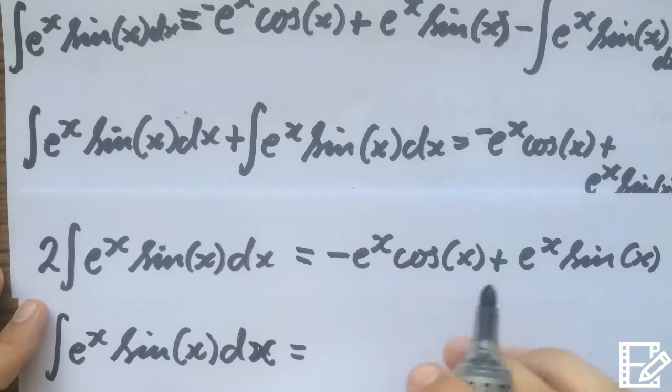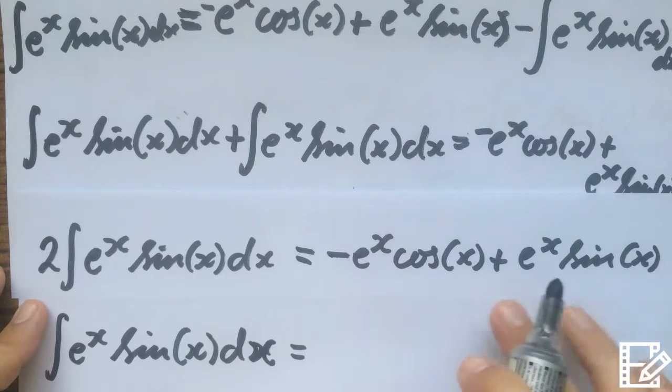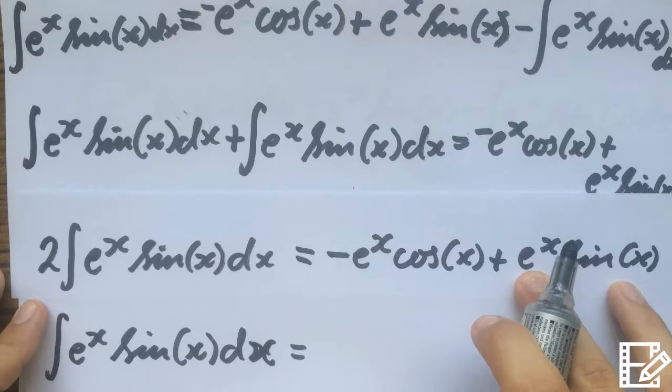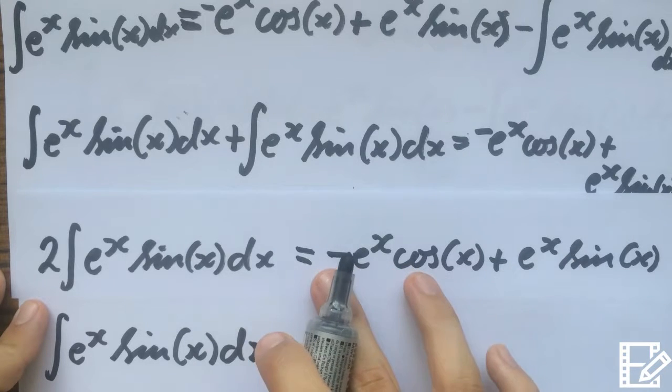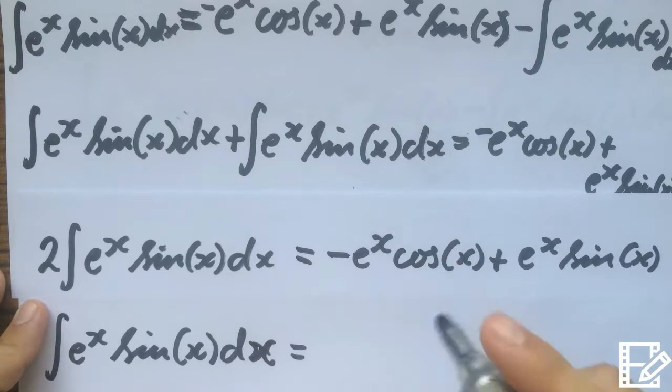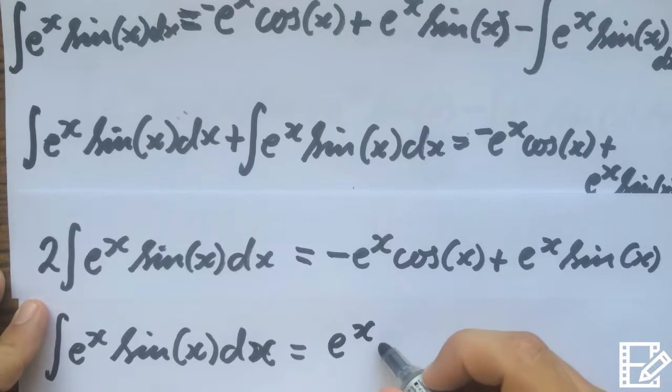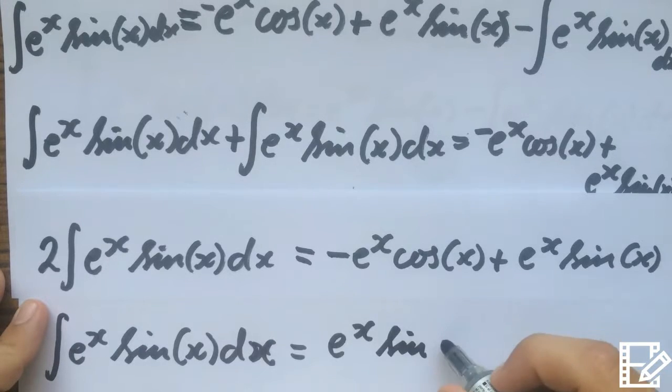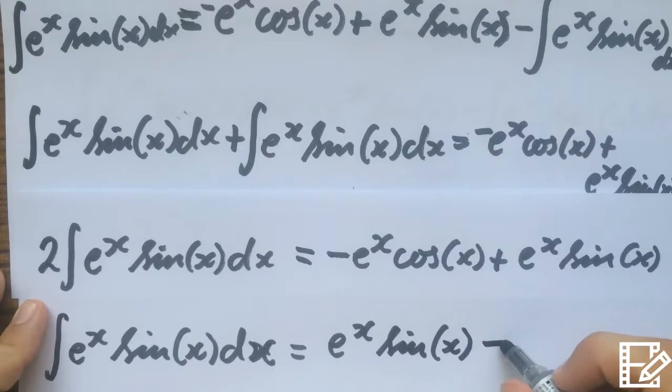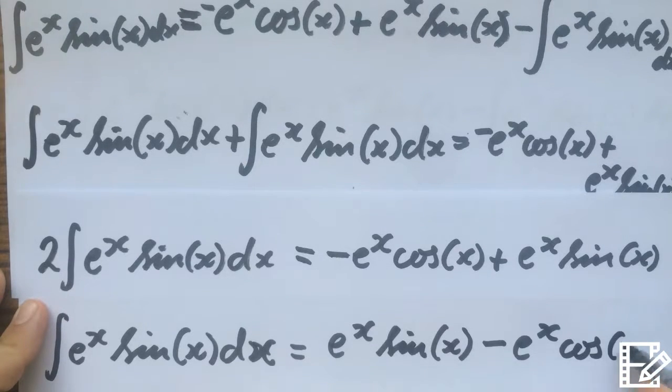So, I'm also going to rearrange this because that's a positive e to the power of x multiplied by sine x, and this is a negative e to the power of x cos x. I'm going to rearrange it, and that will make it so the negative is on the end, all over 2.